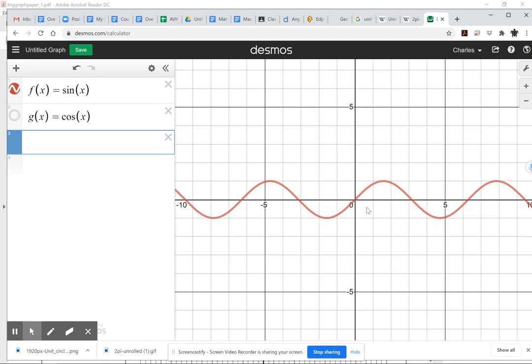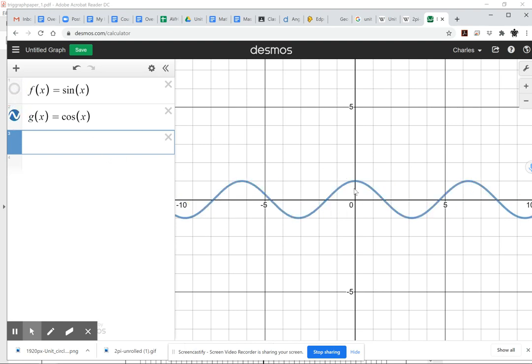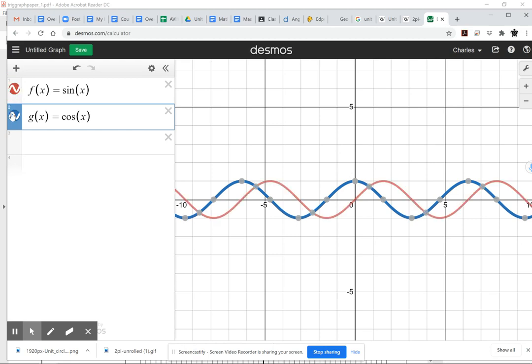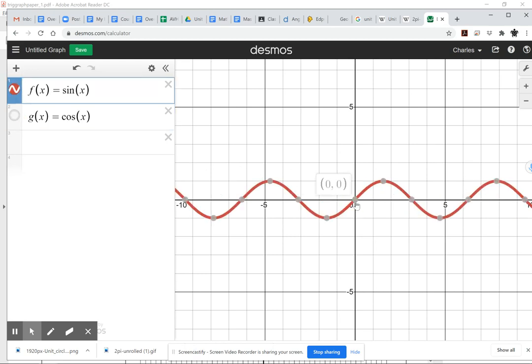Okay? When I say where does it start, I mean where at 0, it's starting right here and it's going up. When I look at the cosine function, where does it start? It starts at the top. Okay? So it starts at the top and then it starts going down. It starts at the point 0, 1, whereas sine starts at the point 0, 0.